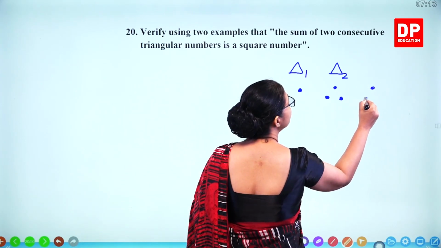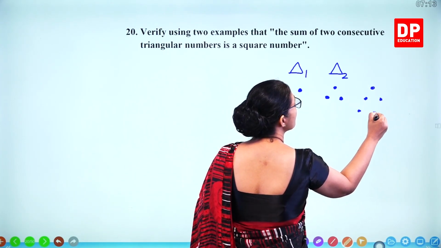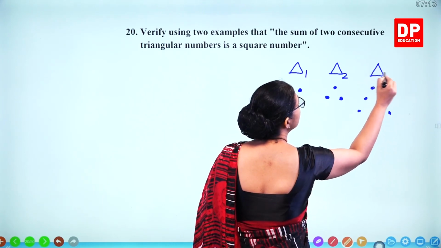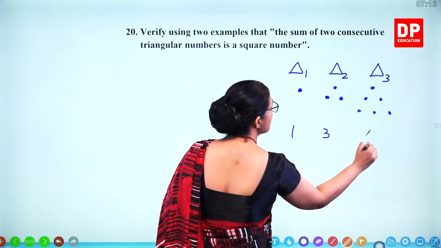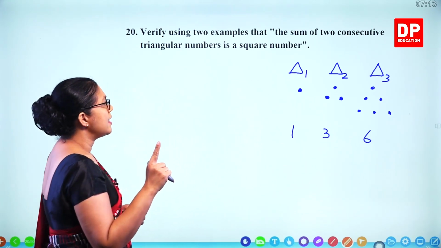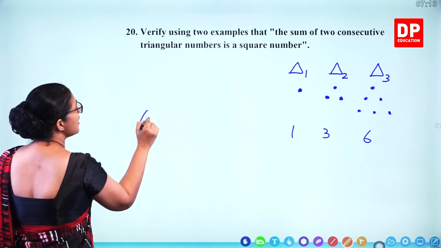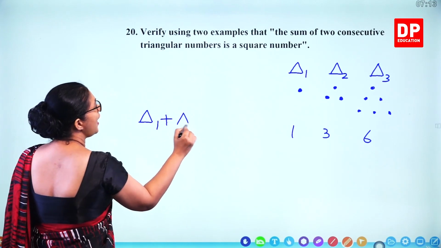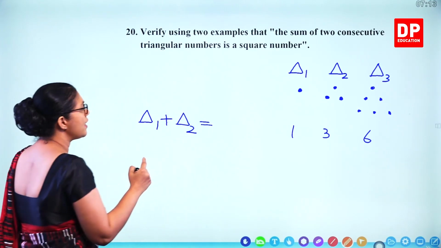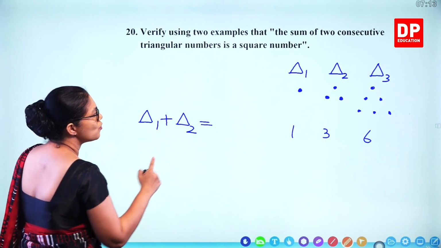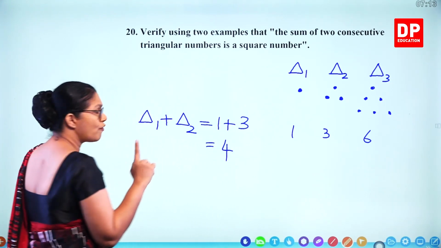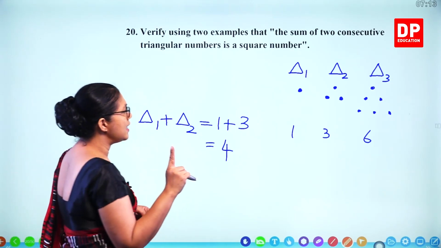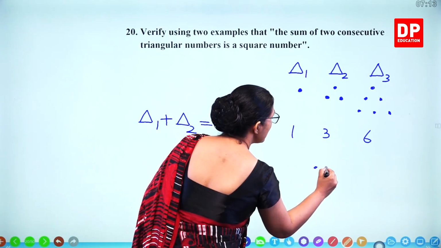Third one, 6. So 1, 3, 6. So we'll take first and the second one, adding up first 2 triangular numbers. That means 1 plus 3. That's 4. 4 is a square number. 4 means 2 by 2.